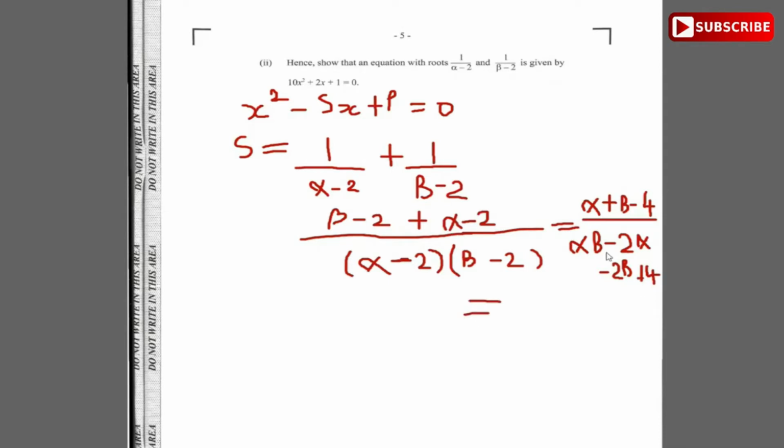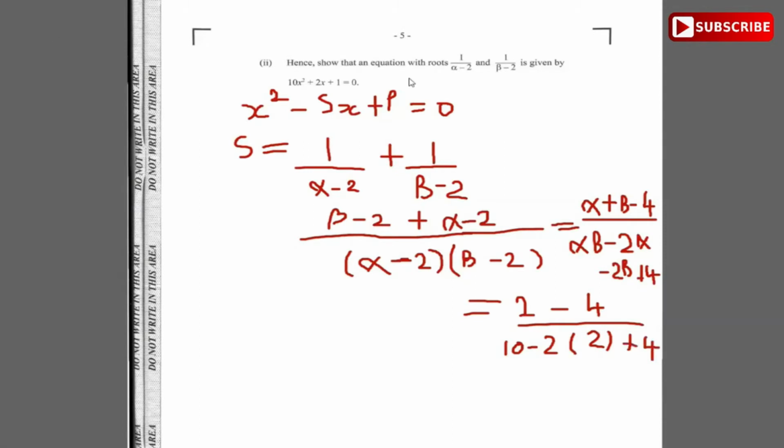Alpha plus beta we found is 2, so that's 2 minus 4 over alpha beta, which is 10, and then minus 2 alpha minus 2 beta is really minus 2 times alpha plus beta, and alpha plus beta is 2, plus 4. So we work this out, and that will give us the sum.